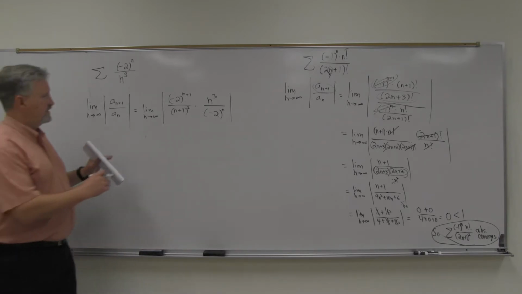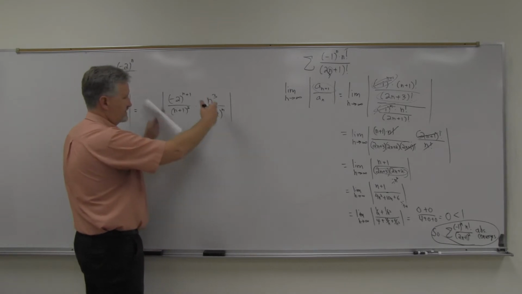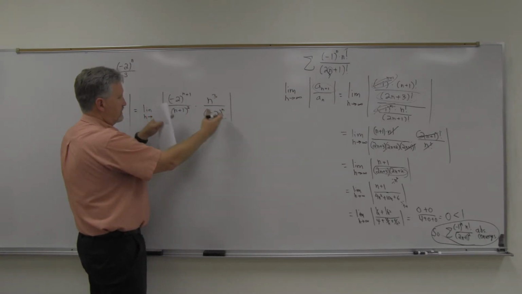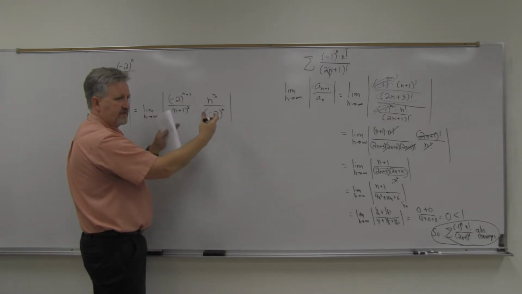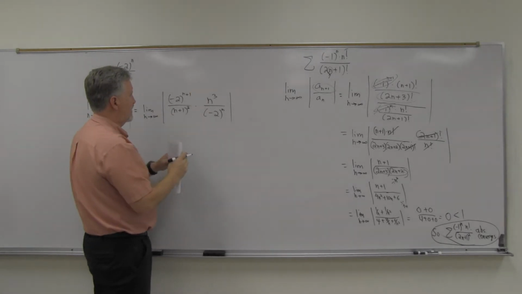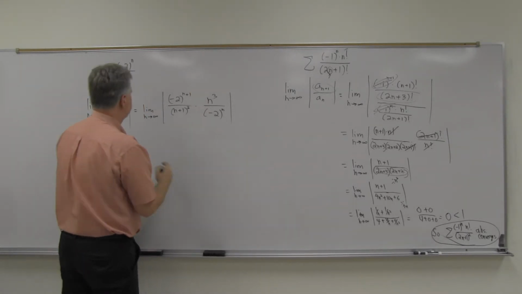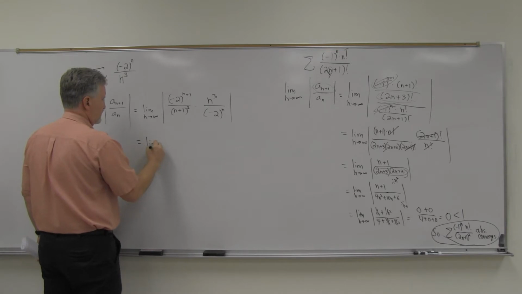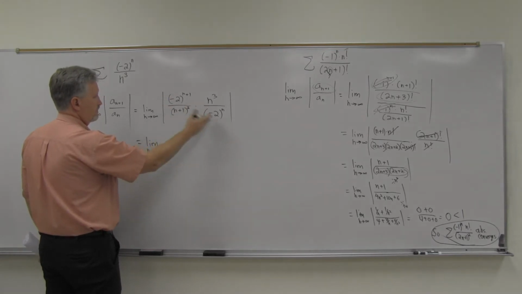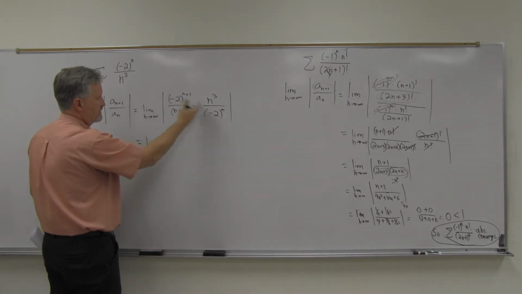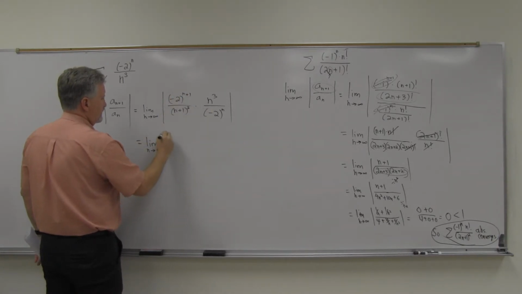Well, one thing we can take care of here is, because of the absolute value, I've got some negative things and it's going to be alternating, but since it's absolute value, we get rid of the alternating signs.